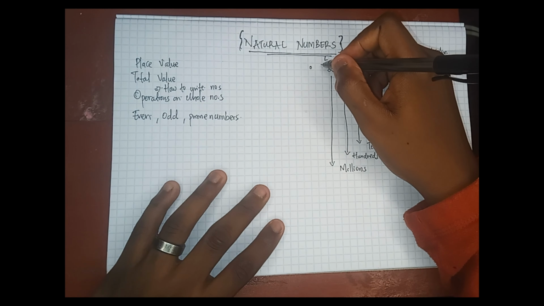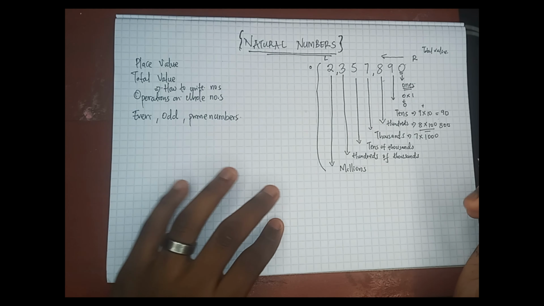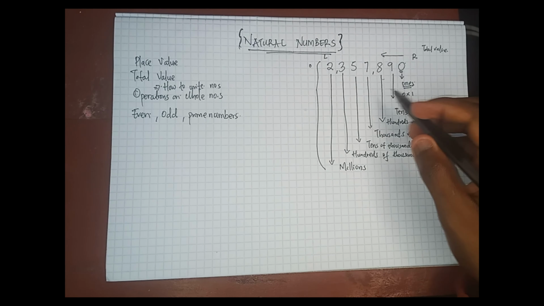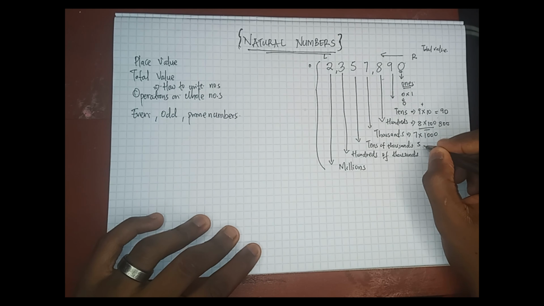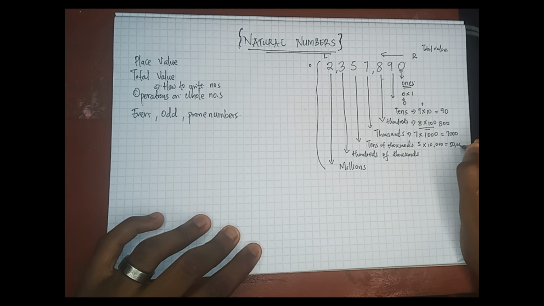Acha tumalize na hii number and then we discuss the other place values. So total value of the number 5 itakuwa 5 times 10,000, since ni tens of thousands, equal 50,000.